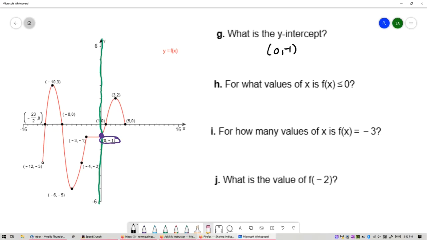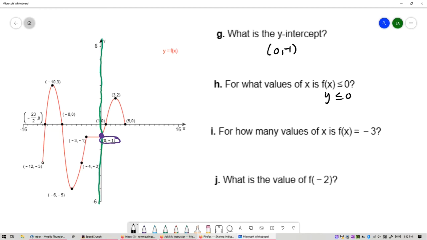On the next part, we want to know for what values of x is f of x less than or equal to 0. Remember that f of x is the same thing as y. So this is really saying y is less than or equal to 0. For what values of x is y less than or equal to 0?